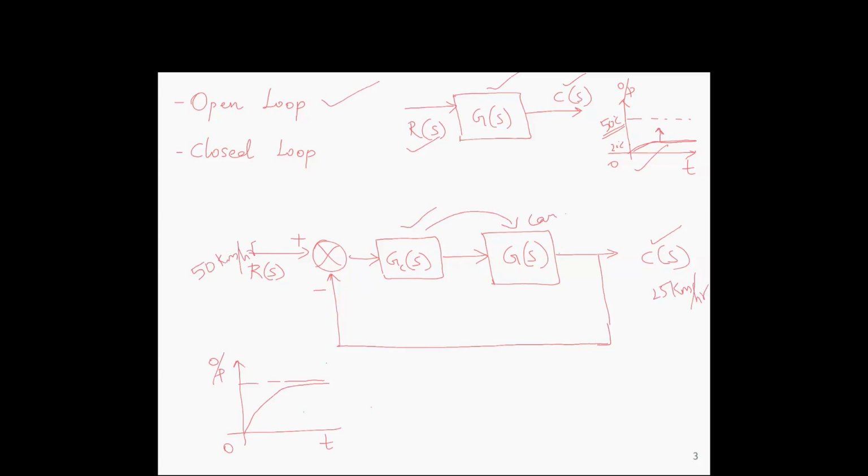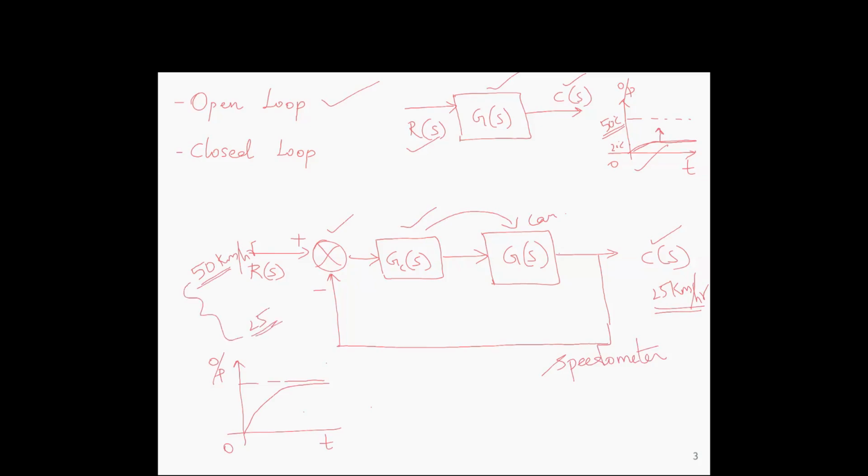We sense this current speed by using a speedometer, and it is fed back to this comparator. So the comparator compares this 50 and this 25. So there is a difference.